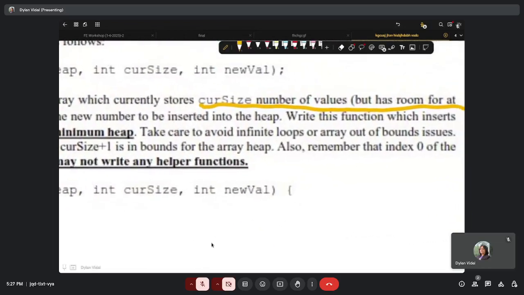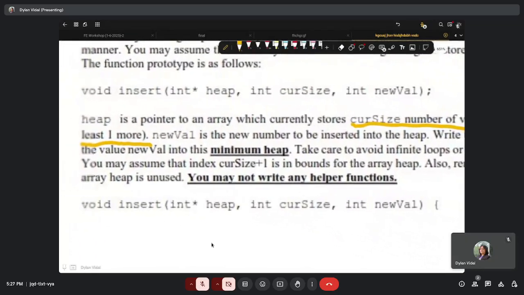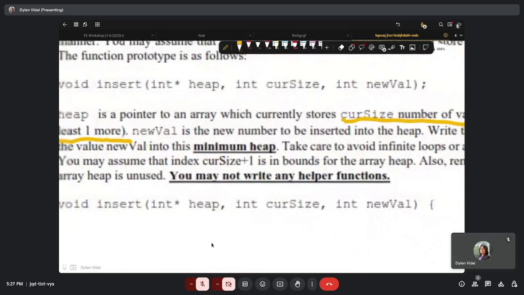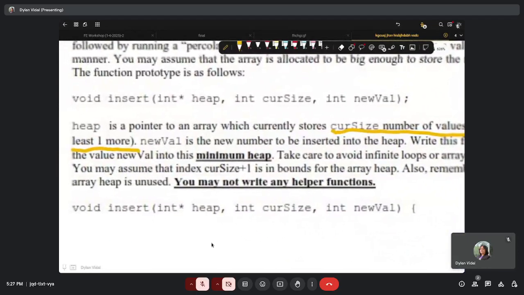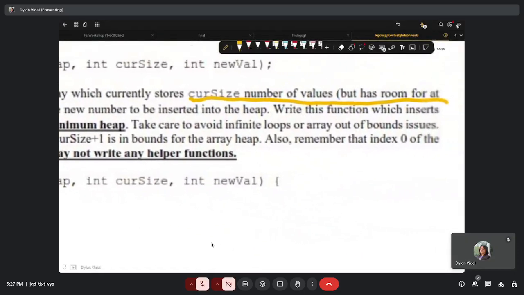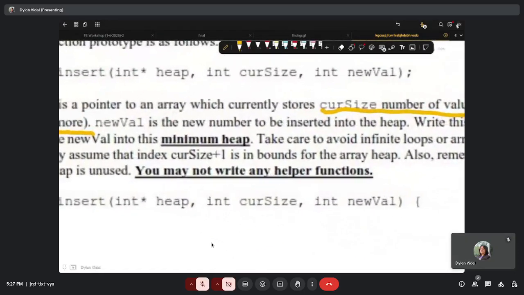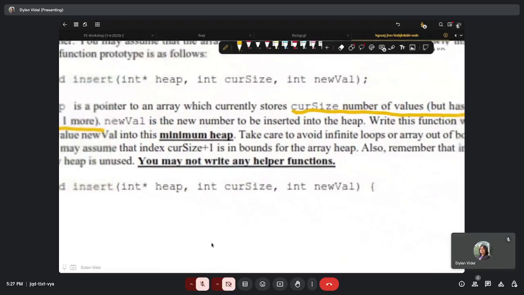Write this function which inserts the value new val into the minimum heap. Take care to avoid infinite loops or array out of bounds issues. You may assume that index cur size plus 1 is in bounds for the array heap.